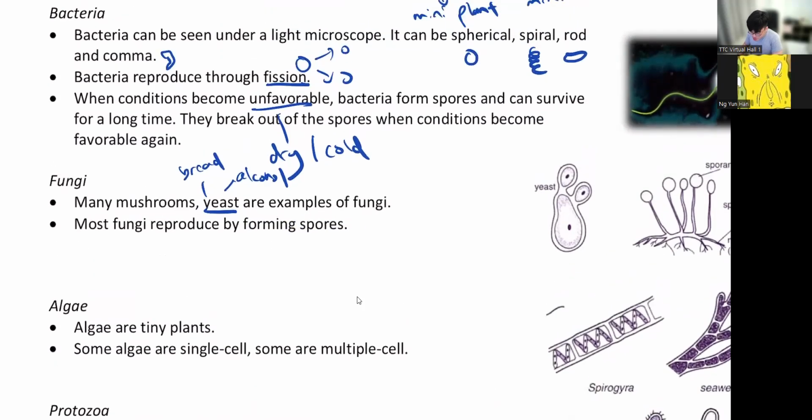And here's the thing about these two, bacteria and fungi, they usually dislike light. Whenever you have light, you won't see them. You don't see a mushroom growing under the sun, right? Oh yeah, what else is fungi?